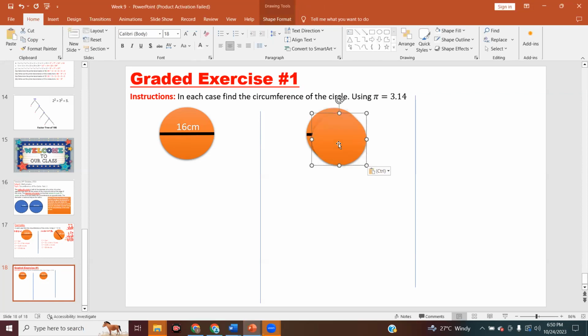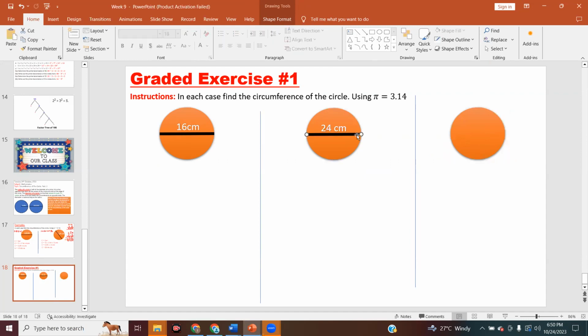For the third one, the diameter is represented this way. Either way, it's still the diameter as long as it passes through the center of the circle. Say that this is 32.